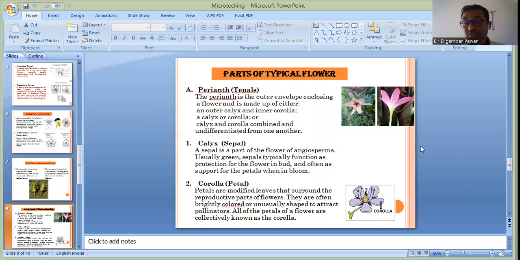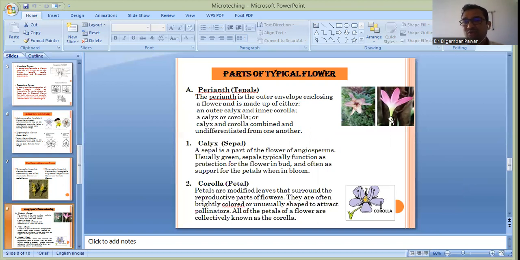But sometimes in some flowers, the calyx and corolla are not differentiated. It means they are undifferentiated. In such flowers, the calyx and corolla collectively are called the perianth, and the undifferentiated parts are known as tepals. Like here you can see the images.